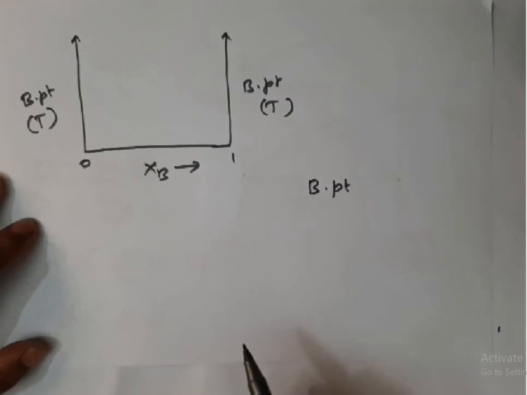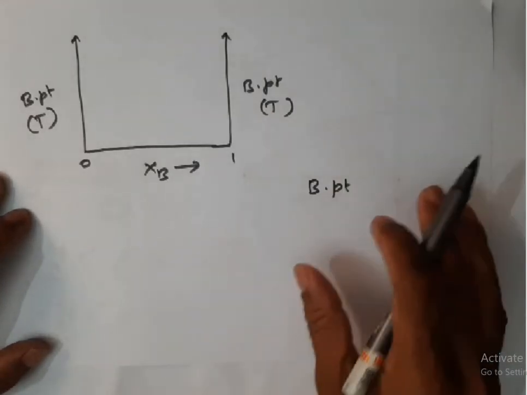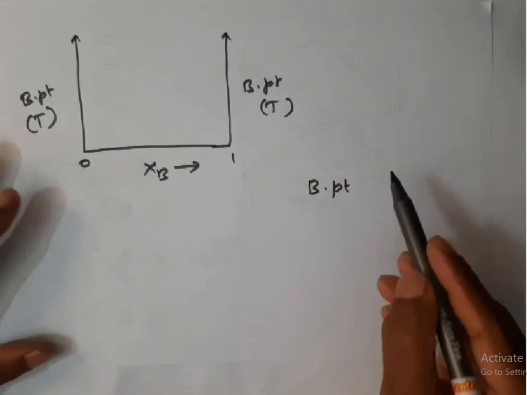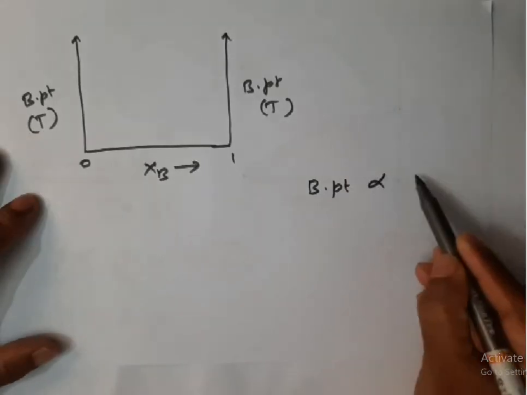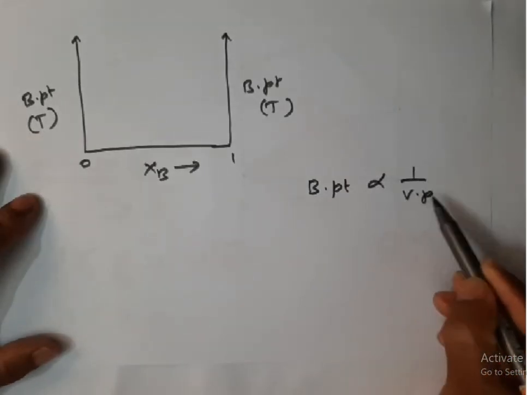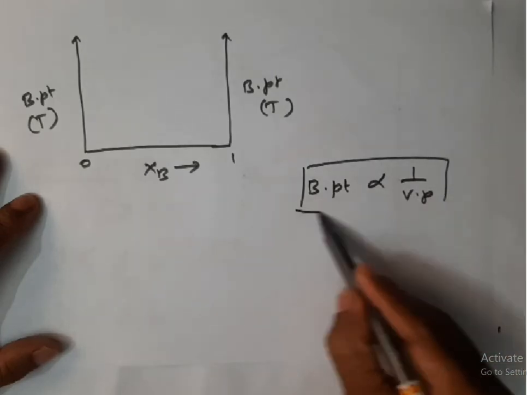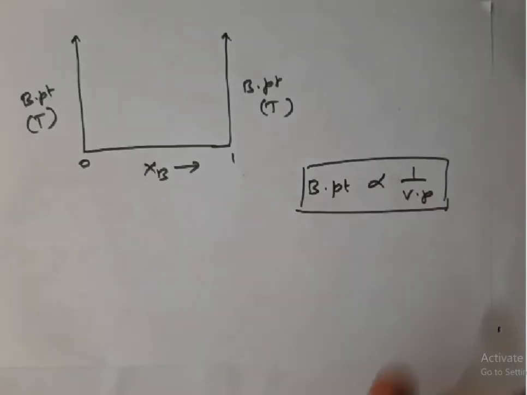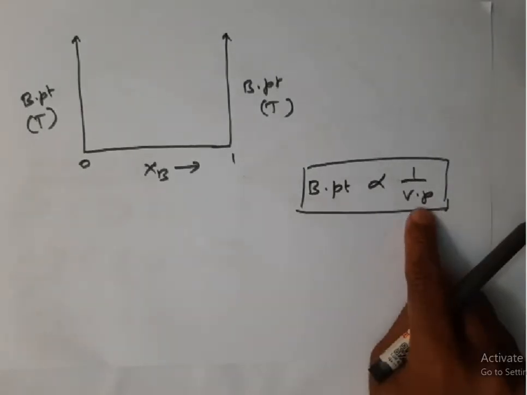Okay, just for understanding purpose, boiling point is inversely proportional to vapor pressure. What is meant by that? If vapor pressure is high, students, if vapor pressure is high, boiling point is less.